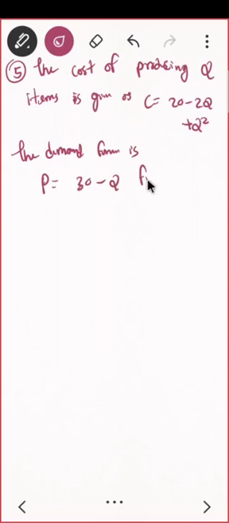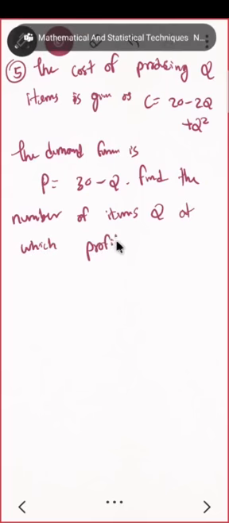The demand function is say P equal to 30 minus Q. Find the number of items Q at which profit is maximum. Also find the maximum profit.